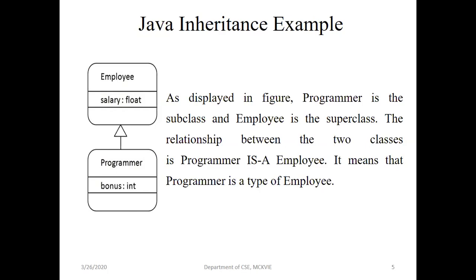Now, what is the meaning of this arrow? The meaning of this arrow is that programmer is the class extended from employee. It's very important that the direction of the arrow is from child to parent, not from parent to child.